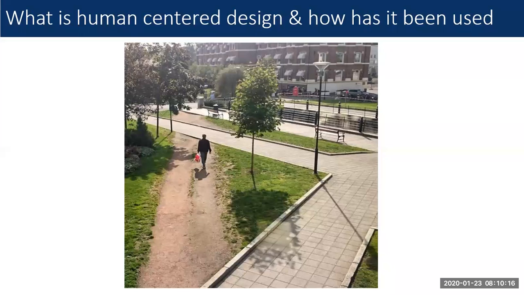So what that means is that you may have a prototype that you think is great, but it might not work. But you can fail quickly in human-centered design. You fail quickly, you fail cheaply, and you move on until you get it right. And it is really that nexus of what is desirable, what people want, what is feasible, can we build it, and what is viable, can we deliver it?